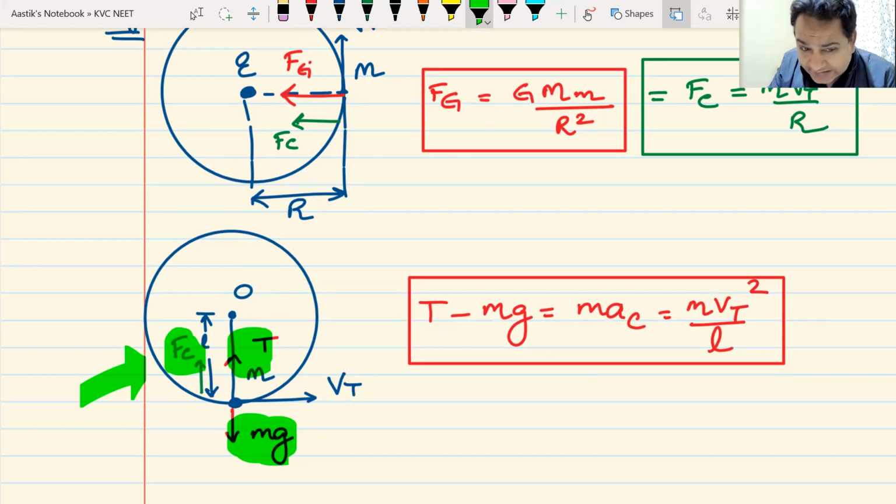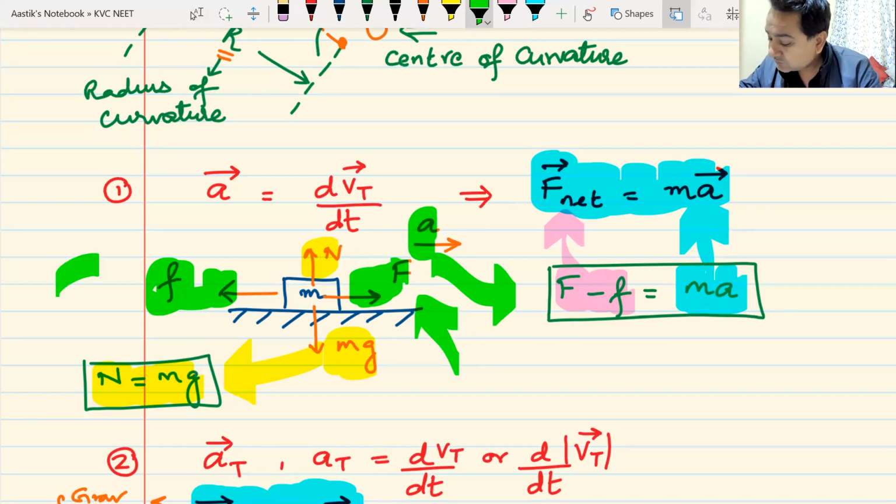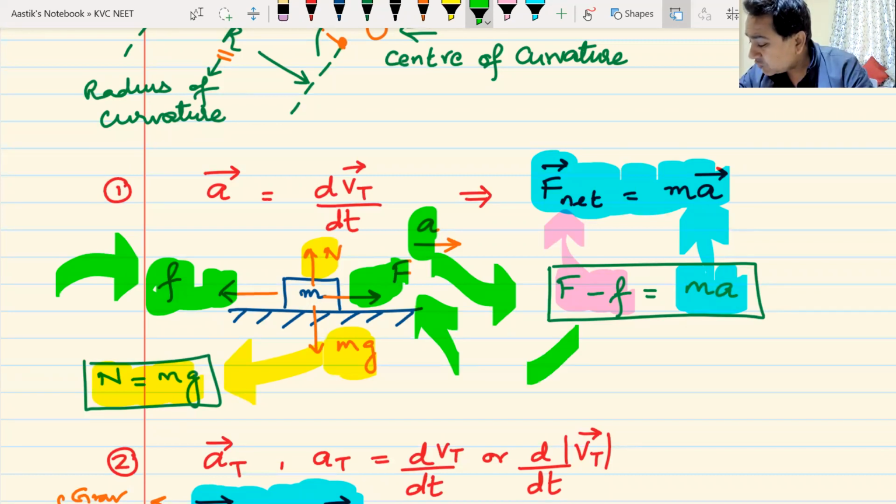This is exactly similar to what we had done earlier. Go back to the past and see. The green one: capital F was forward, small f was backward. We found the net force F minus f, that was equal to m into A. Same concept is here.